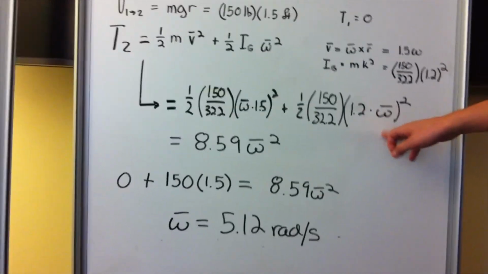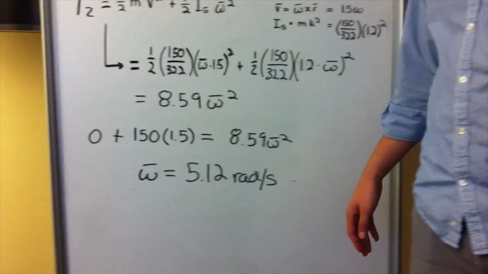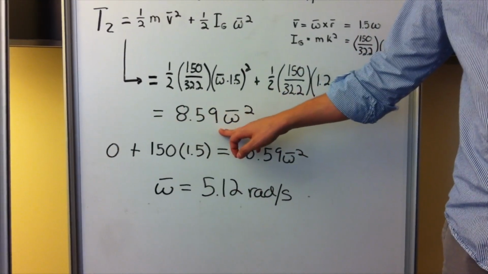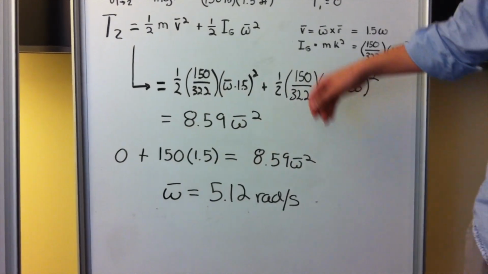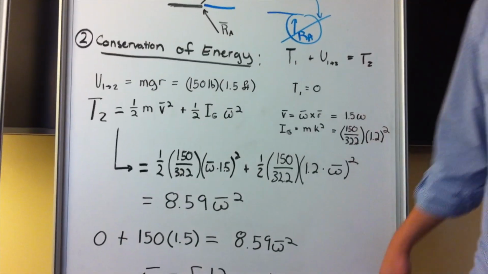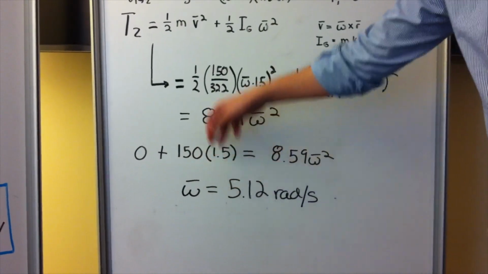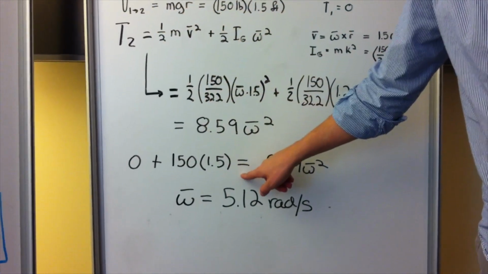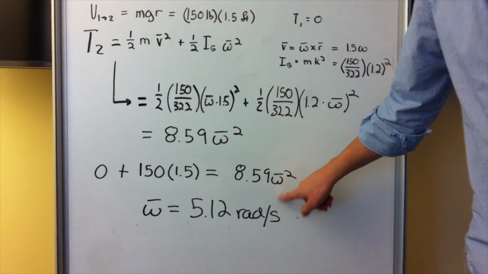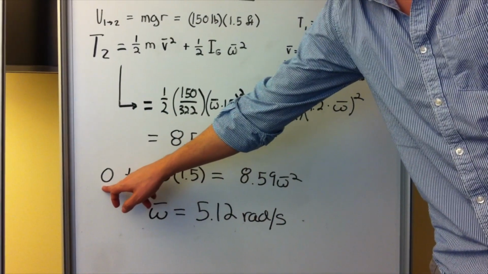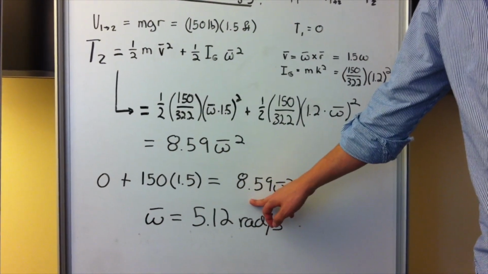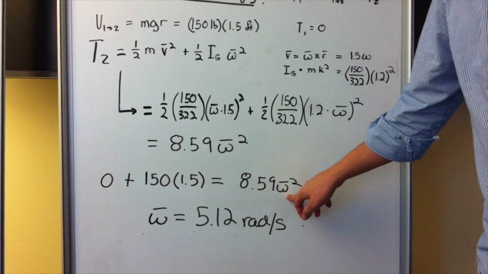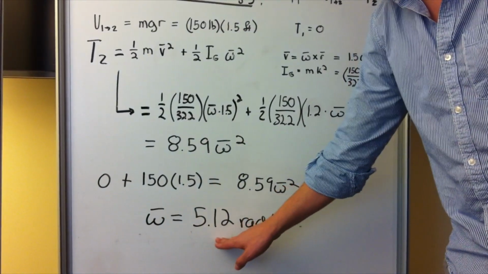Solving this for omega, we're going to get 8.59 omega squared. Plugging this back into this equation, we have our 150 times 1.5, which is our potential energy, equaling our secondary kinetic energy, since our initial kinetic energy is equal to 0. Solving this equation for omega, we're going to get 5.12 radians per second.